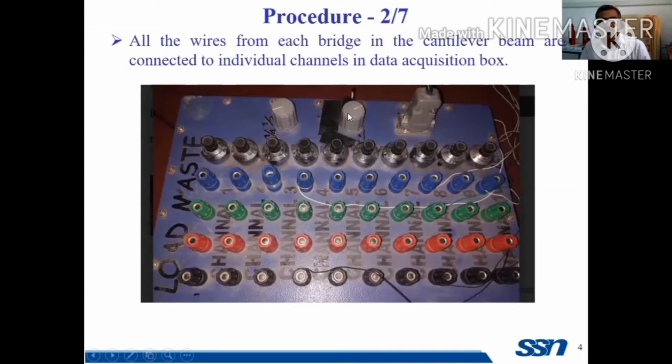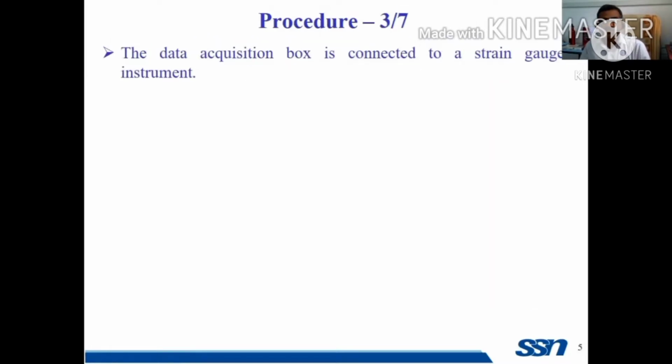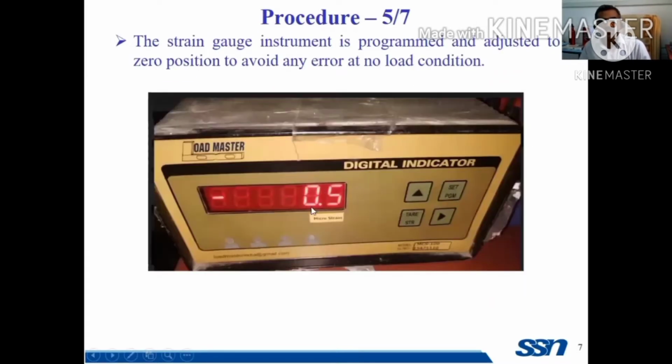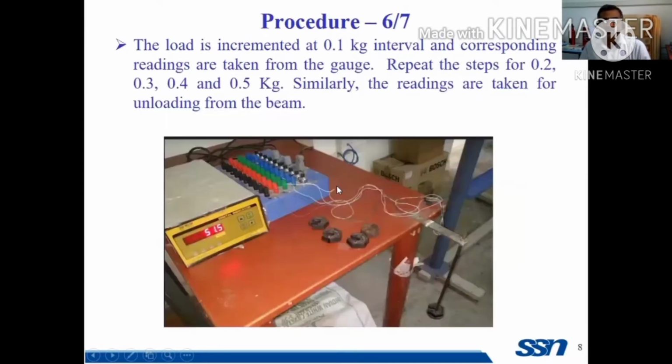So by rotating this knob, we can select channel 4, 8, or 10, and here also you have to select whether it is quarter, half, or full. By selecting this, you can get the strain for the particular case. This is a digital indicator, where you can get the strain values.